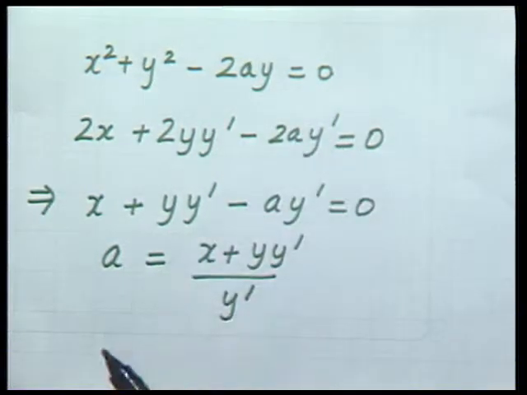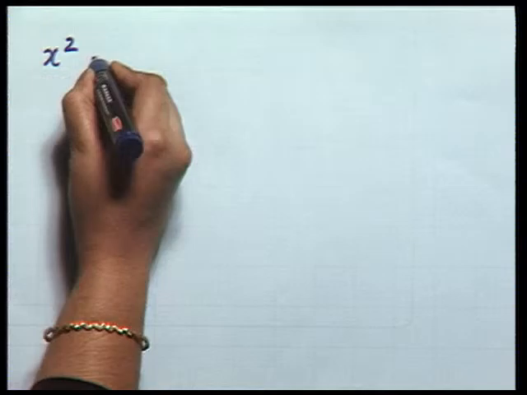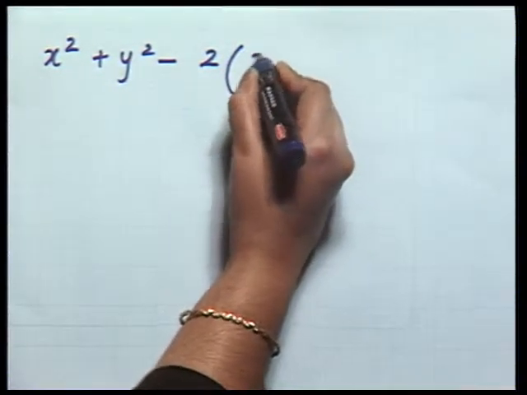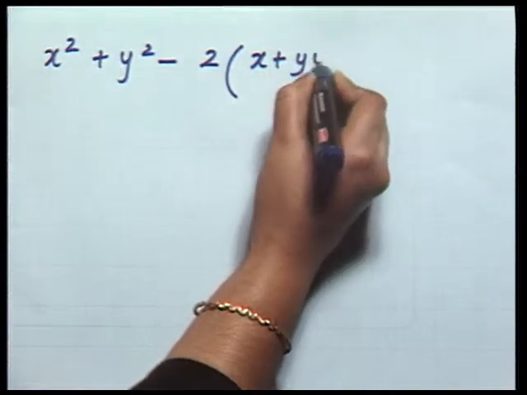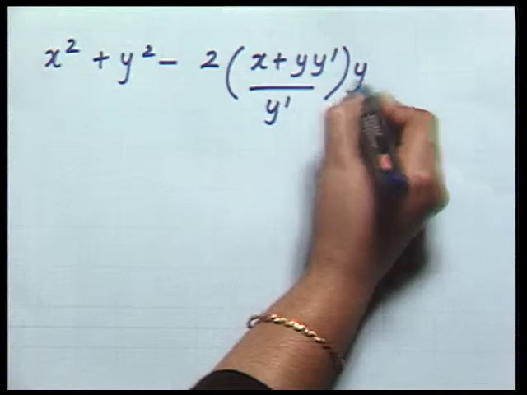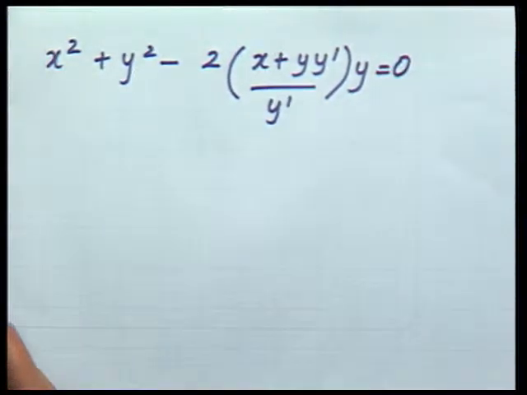So to eliminate a, we have got the value of a, and then we can substitute it back in the equation x square plus y square minus 2ay, and that gives rise to the differential equation as x square plus y square minus 2 times (x plus y y dash) by y dash times y equal to 0.